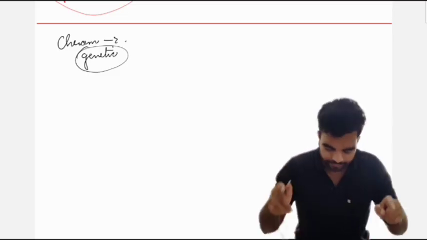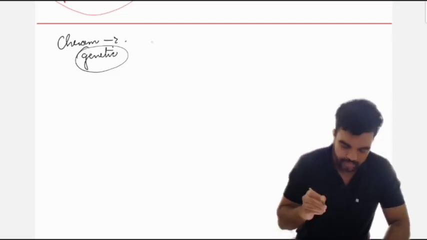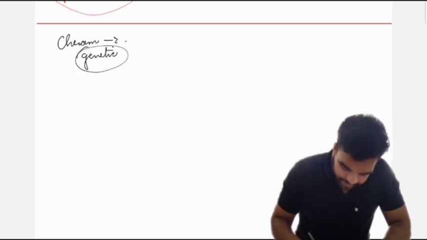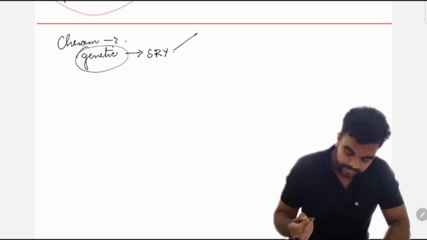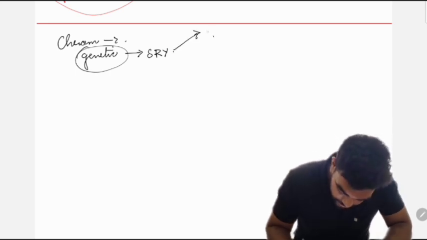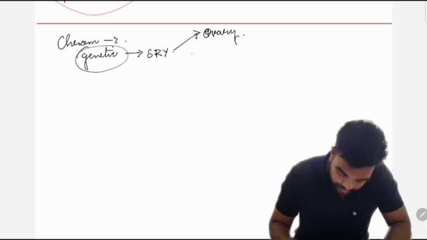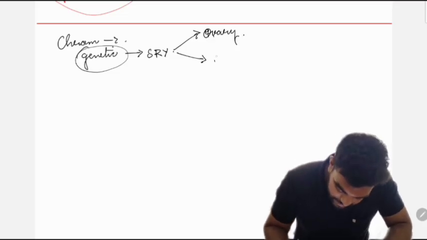Chromosome structure we have seen. Chromosome contained the genetic material, the SRY gene, which made the cell decide whether it has to undergo the formation of a female gonad, that is ovary, or a male gonad, that is testis.